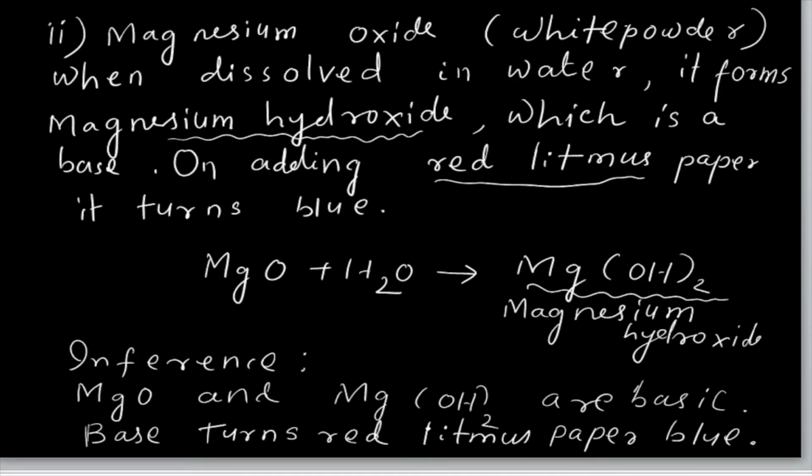Basic means they turn red litmus paper to blue. You know about acid? What does acid do? Acid changes blue litmus paper to red, but a base changes red litmus paper to blue. Are you clear? Magnesium burns and gives magnesium oxide. In water it gives magnesium hydroxide.